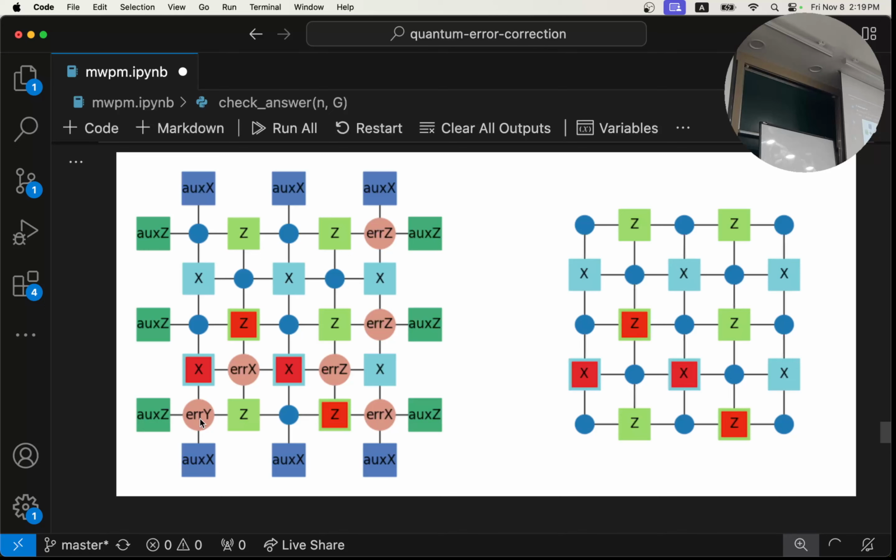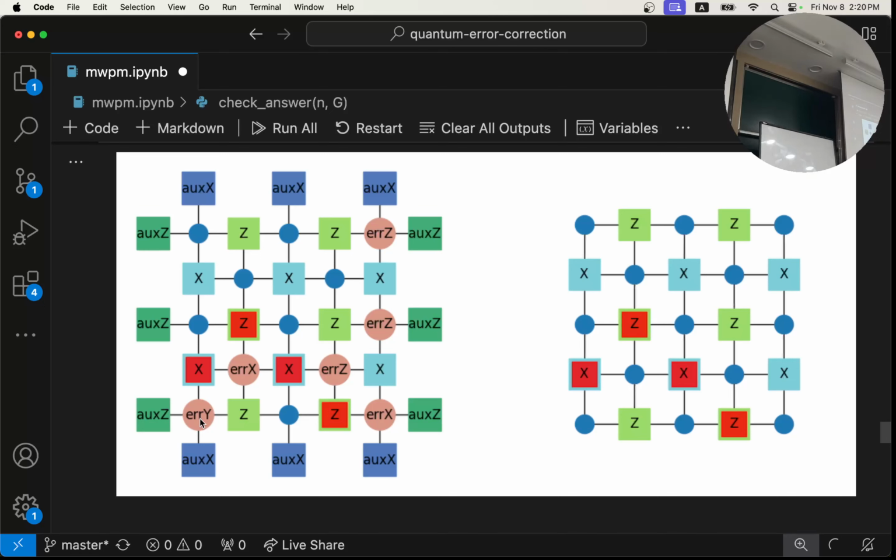However, we saw that there was a Z error. So we thought that we have a Z error here to turn off these two. So we correct it by applying a Z gate, arbitrarily. To fix the Z error, let's say we apply the Z gate on this data qubit.